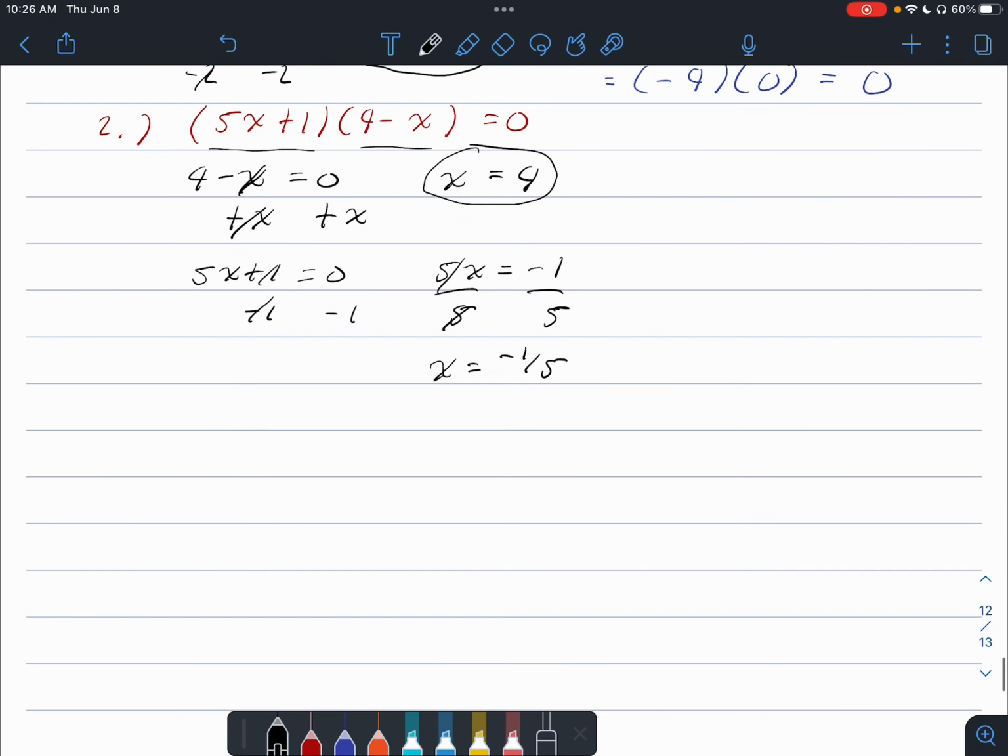If you were to plug x equals negative 1/5 into this equation, you would find that 5 times negative 1/5 is negative 1, so plus 1 will give us 0, and therefore this whole equation would be equal to 0. So this is also one of the valid solutions to this equation.